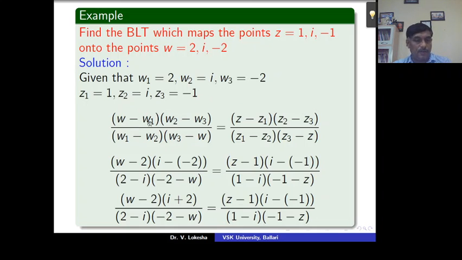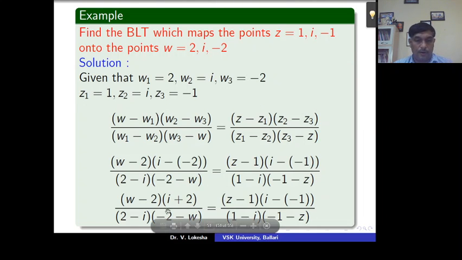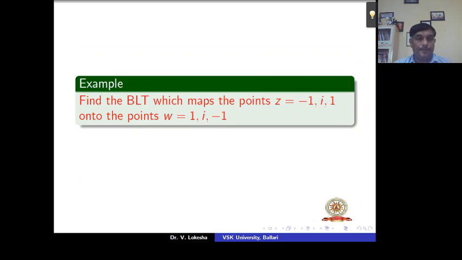The cross ratio is (w − w1)(w2 − w3) divided by (w1 − w2)(w3 − w1). In a similar way, substitute on the other side, rearrange, and use the componendo and dividendo rule. After simplification you get w is equal to (2i − 6z) divided by (iz − 3).